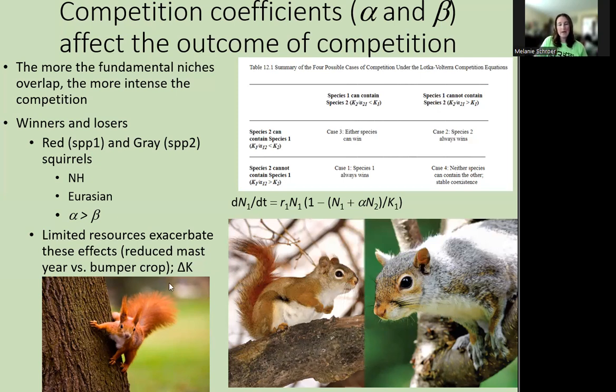And I just want to point out too that if there is any kind of change in carrying capacity, either because there are fewer food resources or there's deforestation or something, habitat loss, ultimately that increases the competition between the two species.